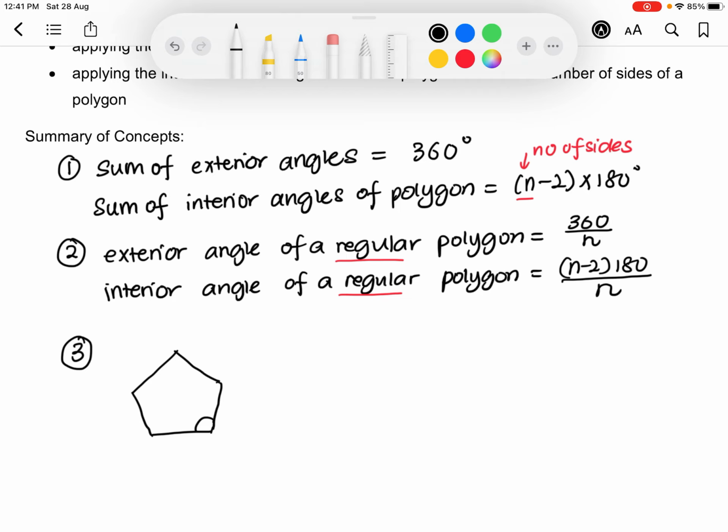The third concept is, given a polygon, what is the relationship between the interior angle and the exterior angle?